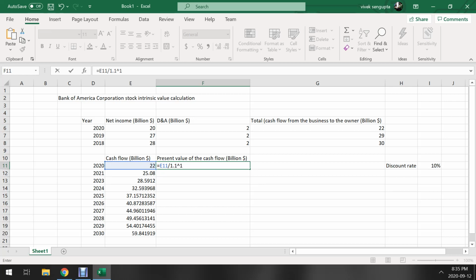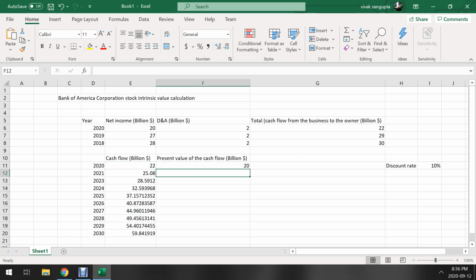This 1.1 is basically the 10%, right? So you have to divide that by 1.1 and then power to 1. What 1 signifies here is the year 1. So the first year is equal to 1, and that's the discount.